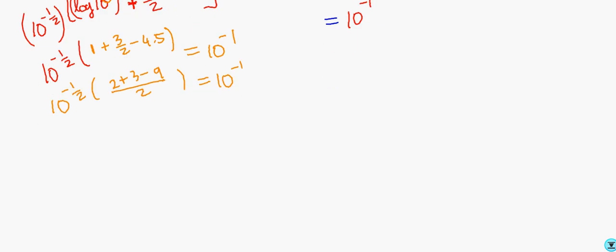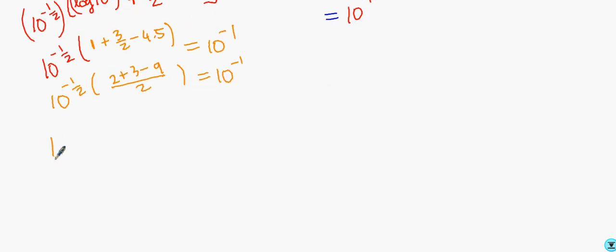Let's carry out the calculation. So now we have 10 to the negative 1/2 times 2 plus 3 is 5, minus 9, negative 4 over 2. So we have 10 to the negative 1/2 times negative 4 over 2, which is negative 2.